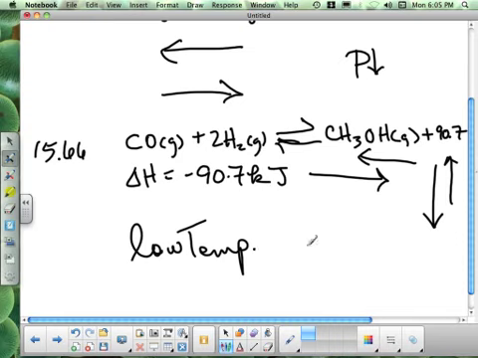And then C on this same problem says, to maximize the equilibrium yield of methanol, would you use a high or low pressure? Well, I see 1 plus 1 gas particle here for CO, plus 2 for H2, so that means I have 3 gas particles in equilibrium with 1 gas particle.